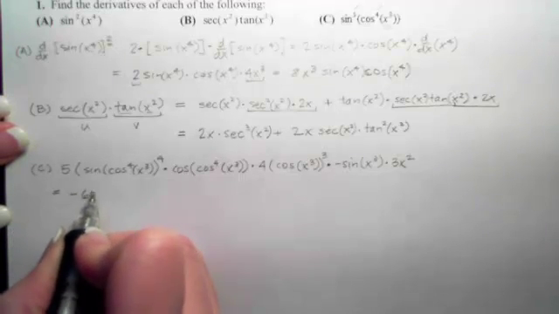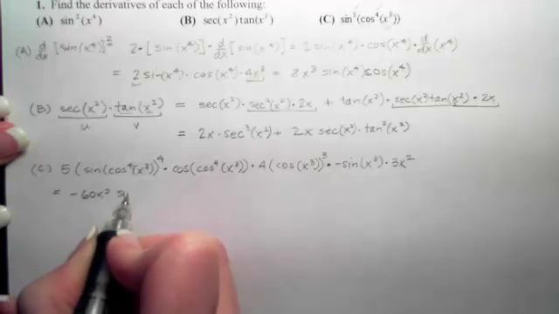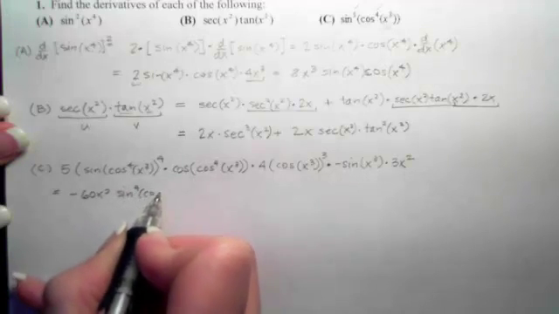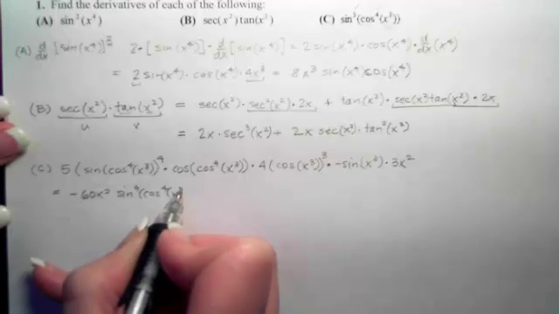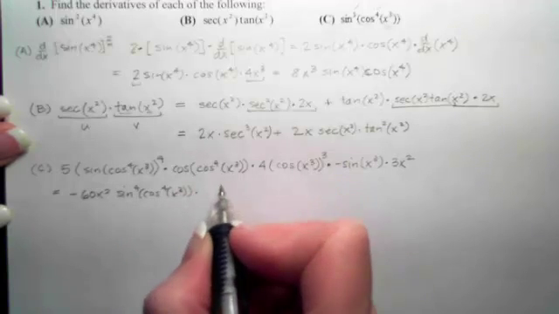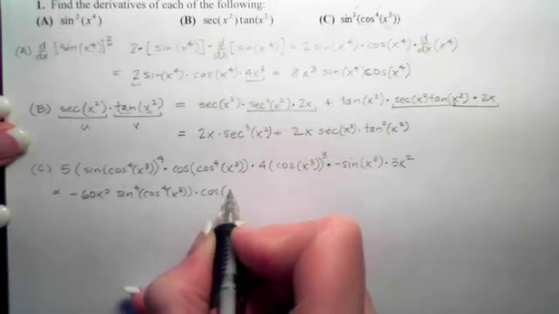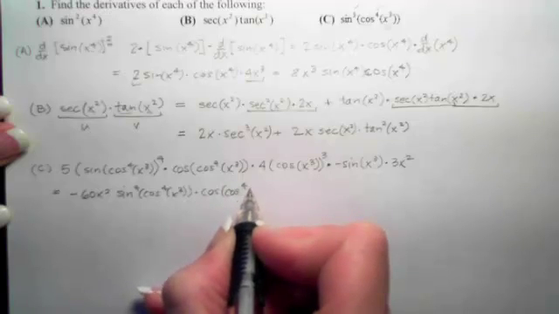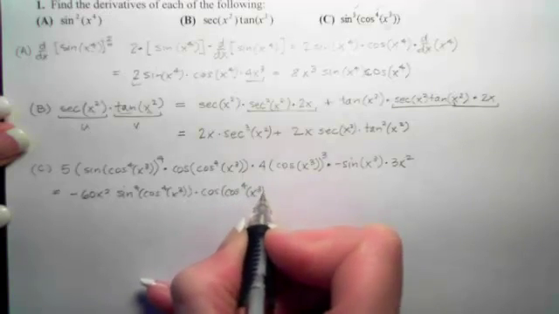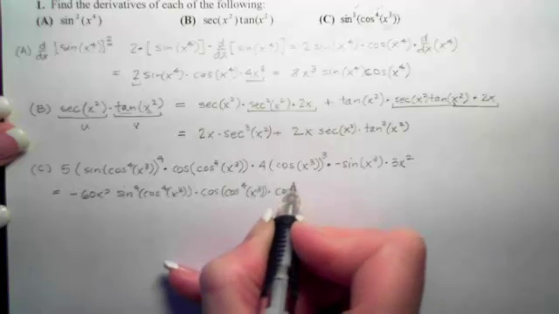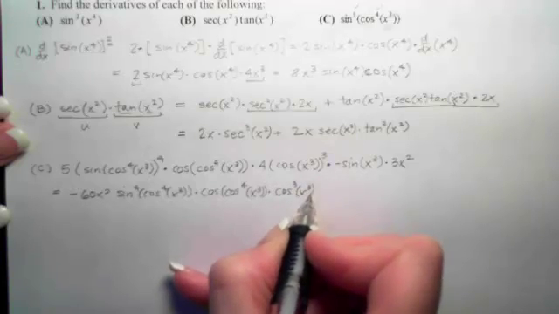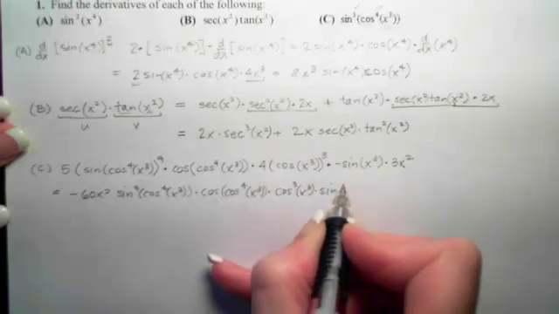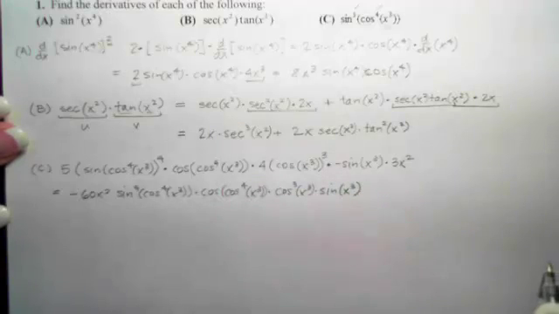So we'll have a negative 60x squared times a sine to the 4th of a cosine to the 4th of x cubed times a cosine of a cosine to the 4th of an x cubed times a cosine cubed of an x cubed times a sine of an x cubed. And that's it.